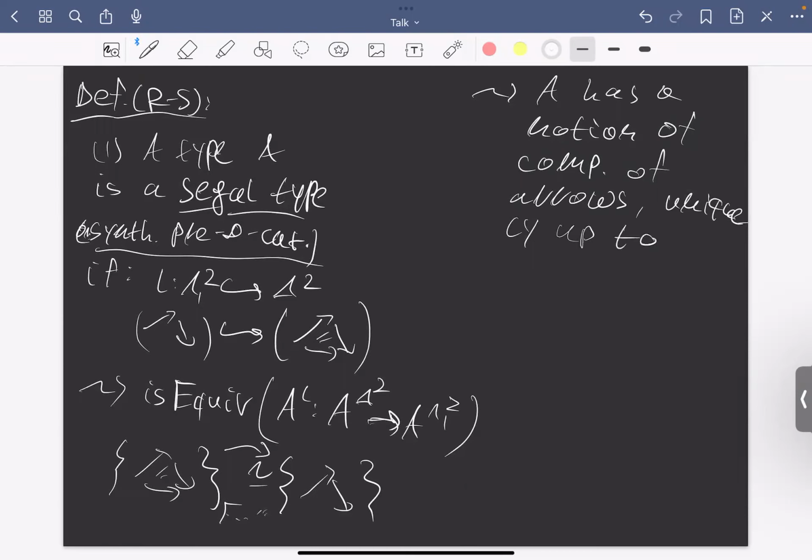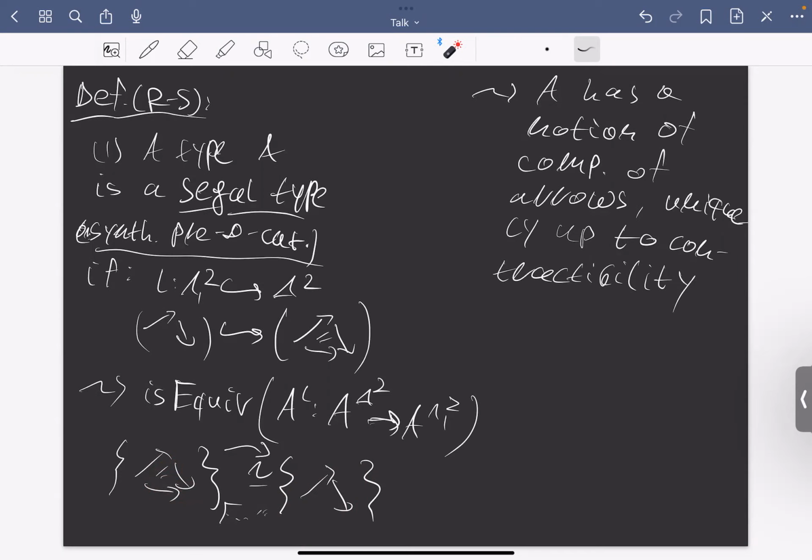At the beginning we said that an infinity category in our sense should be something like a category where composition of arrows is defined in such a way that given a pair of composable arrows like this, the witnessing composition data, which is this arrow and the filled thing here, forms a contractible space.